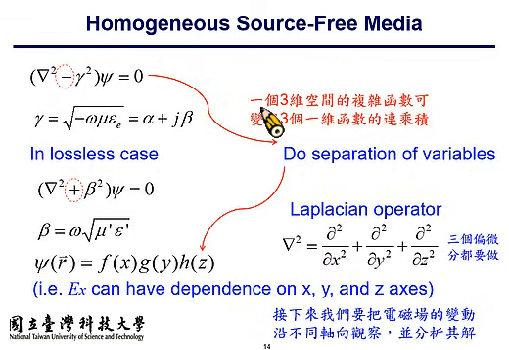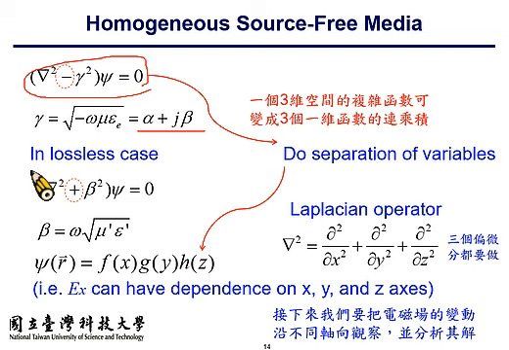So the complicated function in three-dimensional space can become the product of three one-dimensional functions. Okay. So here is the three-dimensional function. The function is phi, and we know it appears in the form of the wave equation, where the propagation constant gamma appears in the form of a complex number, gamma equals alpha plus j beta.